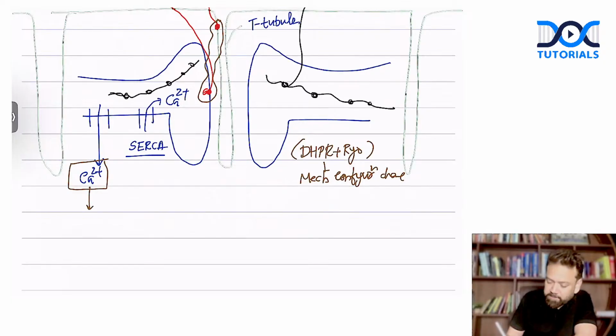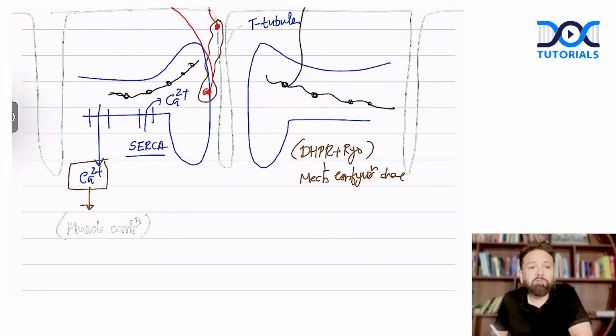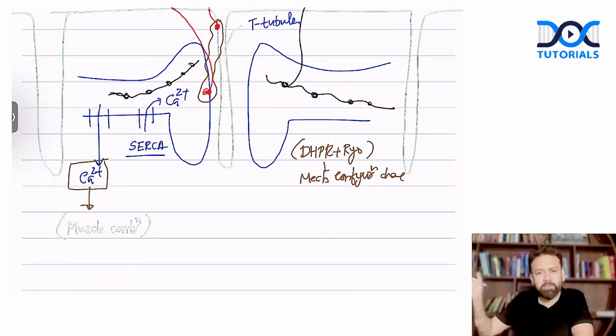And this calcium can cause muscle contraction. The calcium which is needed for muscle contraction will now be available so that calcium can bind with troponin C. There's a whole story I will discuss in some other chapter. So this is how calcium will be released.